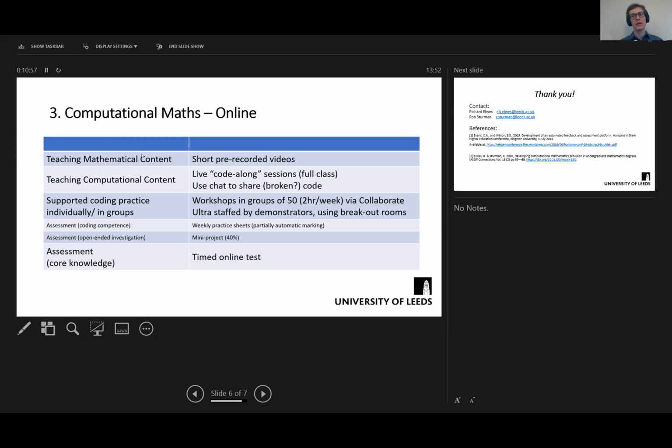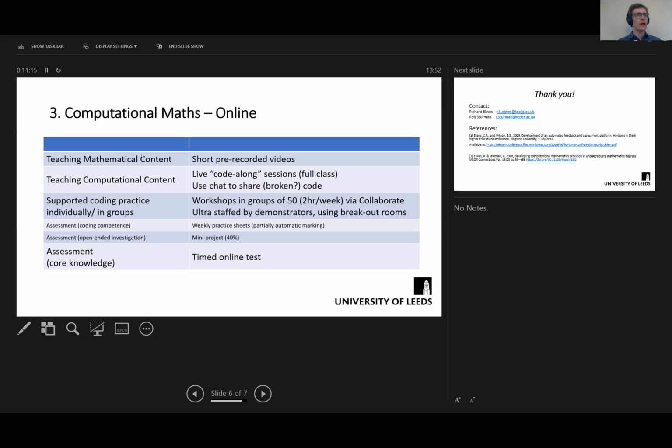So the mathematical content will be delivered by pre-recorded videos, and then the computational content will be delivered through online live sessions. So we will be online with the whole class of 320, and we're calling those sessions code-along sessions.